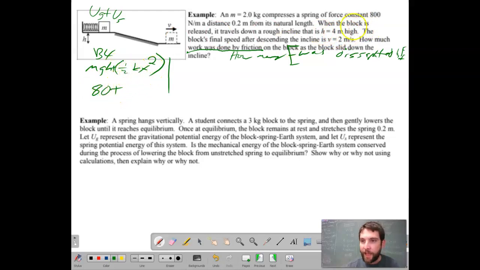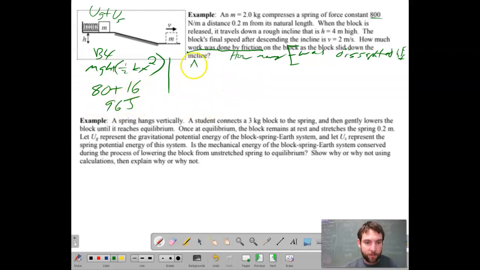Plus half of K, spring constant, is 800, so half of 800 is 400 times 0.2 squared. 0.2 squared is going to be 0.04 times 400 is going to be 16. So the total energy before is going to be 96 joules of energy.